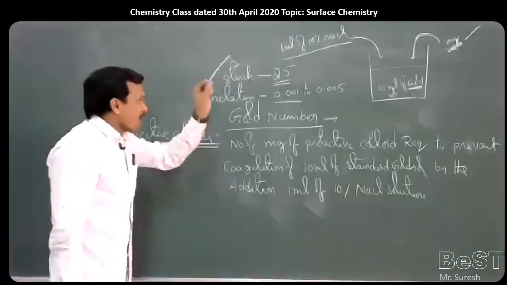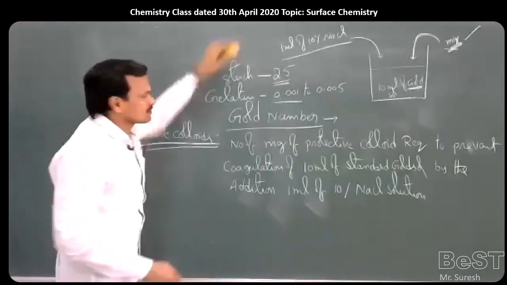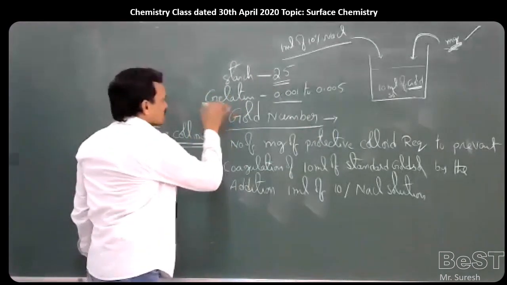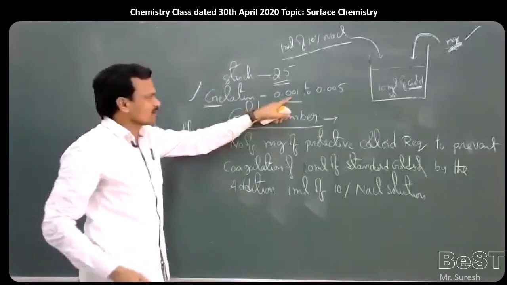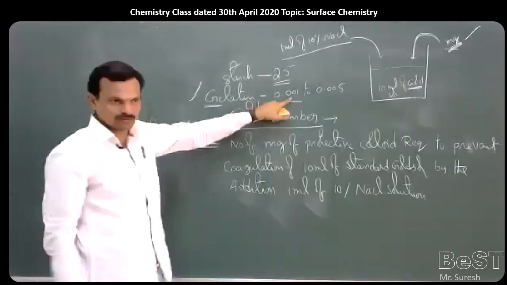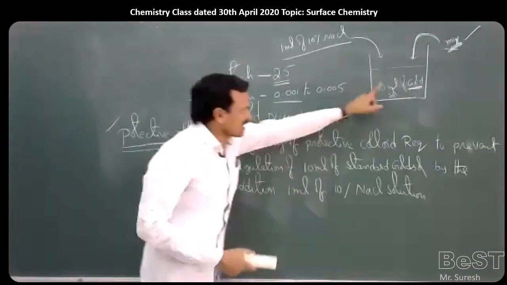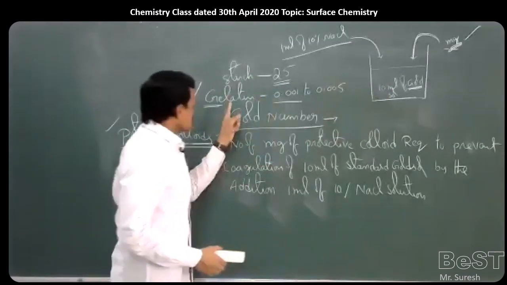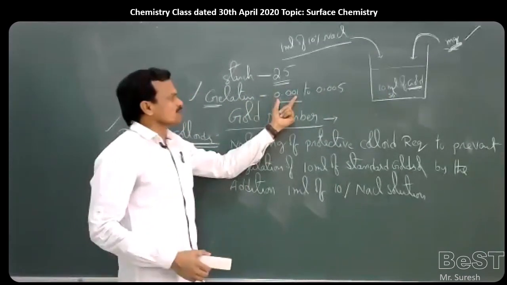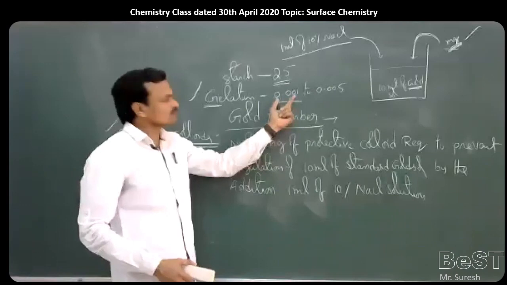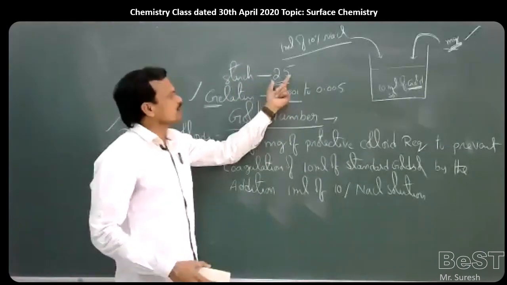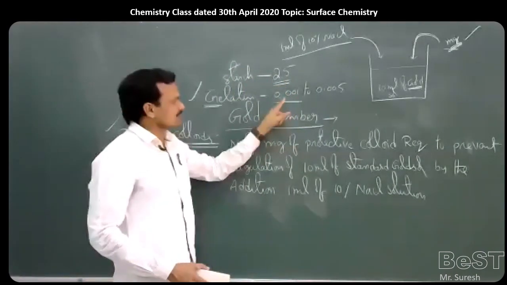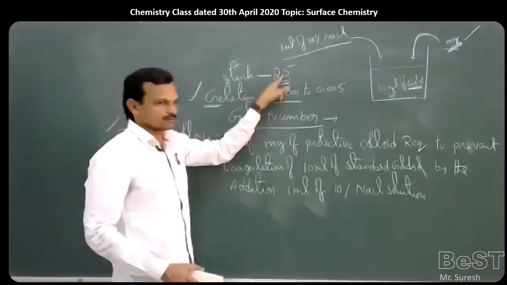So, among the given protective colloids, the protective colloid with the least gold number has higher protective power. See, for 10 ml of gold salt, gelatin requires only 0.001 milligrams, whereas starch required is 25 milligrams. This is less required, this is a large amount required.